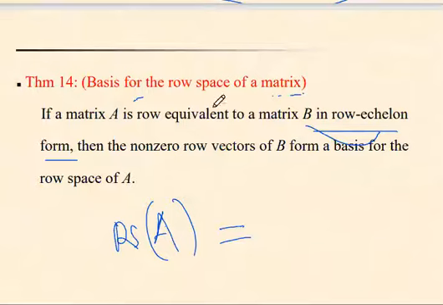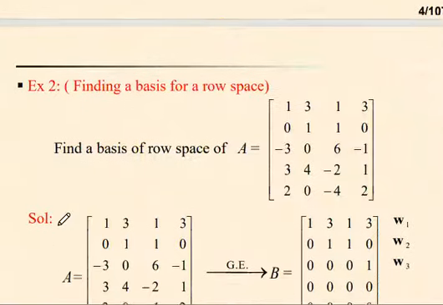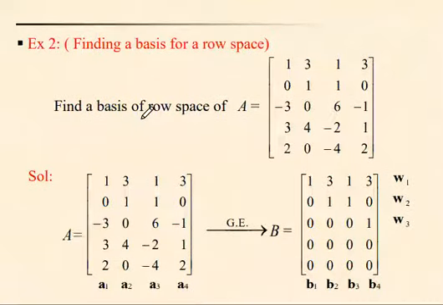So if you want to find a basis for the row space, reduce the matrix to row echelon form. Then the non-zero rows of the echelon form will be a basis for the row space of A. Let's do a couple of examples to understand that.